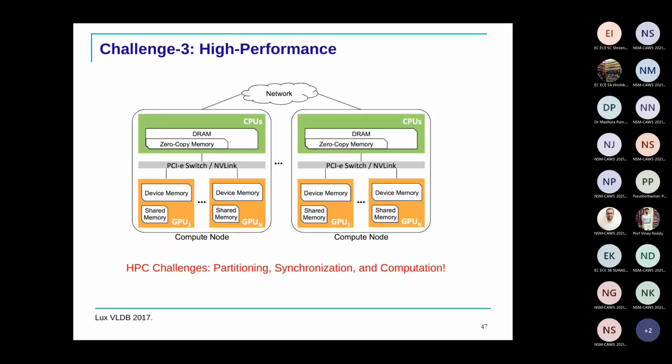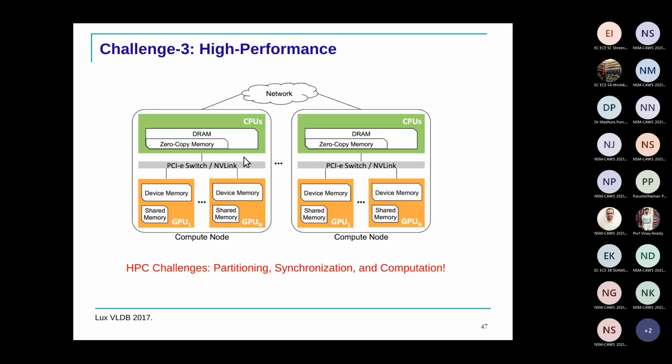The other thing is that because the data size is getting limited, people have started looking into multiple GPUs, either located on one machine, or distributed GPUs, where you have various machines, each with GPUs, connected using some interconnect.